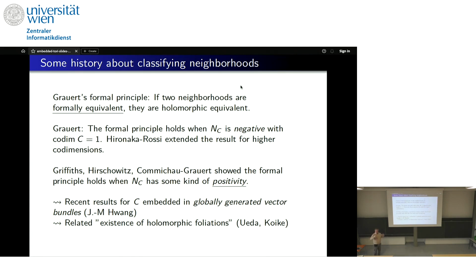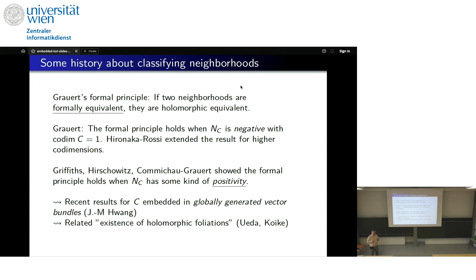In other words, rigidity means that in the neighborhood of C in M, you don't have any other perturbation of C. This was done by Grauert in the 60s for hypersurfaces, and it has been generalized by Hironaka and Rossi for higher codimension. On the other hand, there is a similar phenomenon when the normal bundle is positive, which means that the adjoint of the normal bundle is negative.